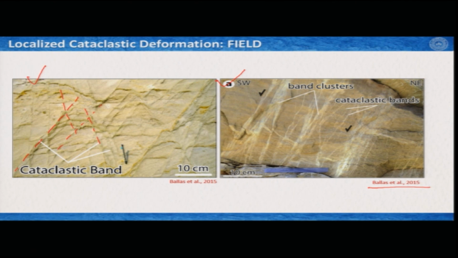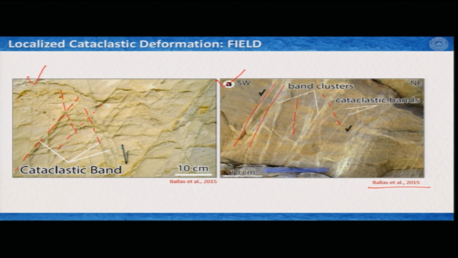We will see the microstructure of this soon. In this case as well, you can see that dominantly one set is going like this, and at the same time we have one very weakly developed another set, at an angle with the previous one.